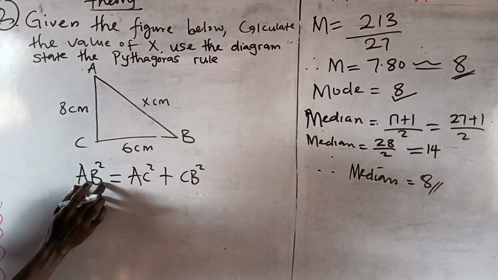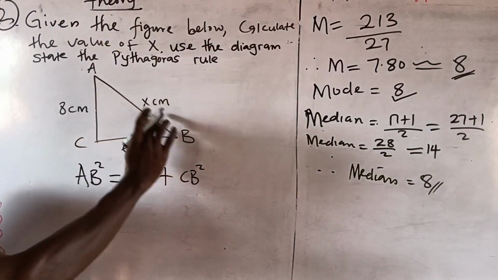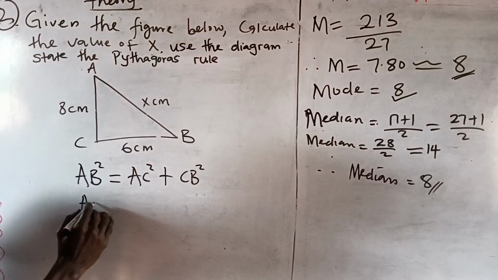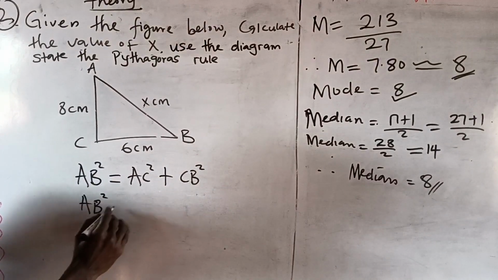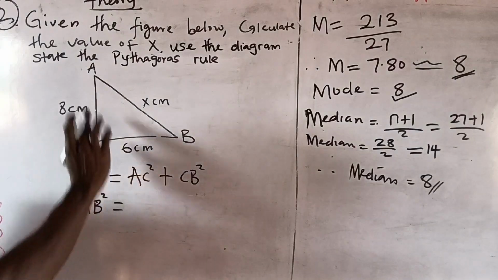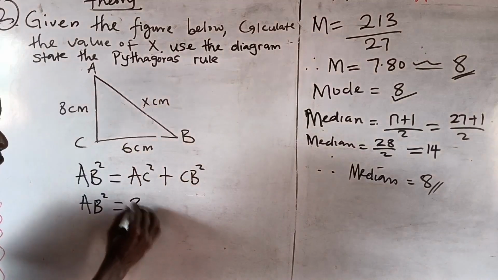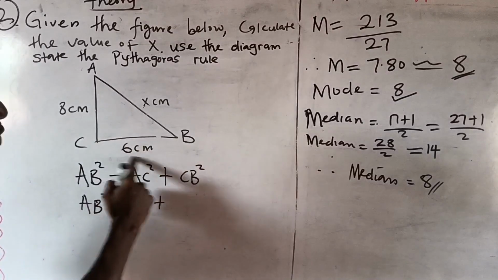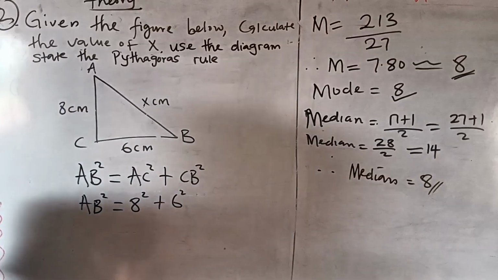Right now AB square is x, right? So let's put it down. AB square equals AC square, which is 8 square, plus CB square, which is 6 square.